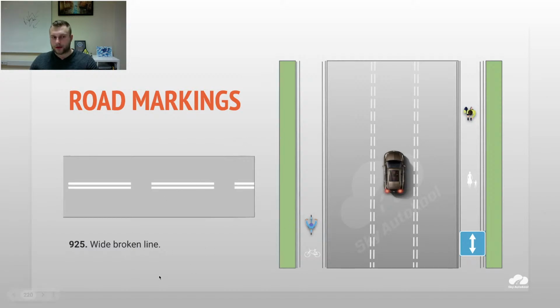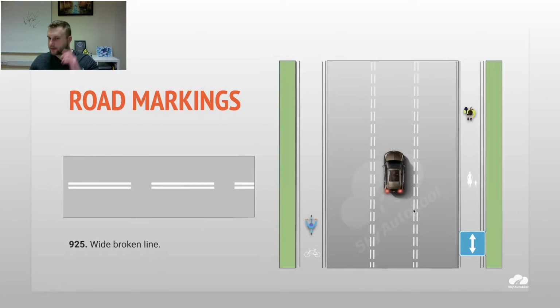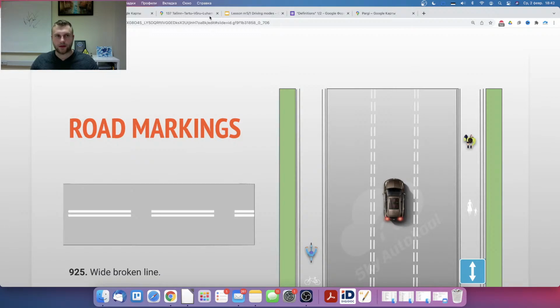Here, double wide broken line. This is the only place we have this marking, on Gonsiori Street. Maybe you know it's in the city center. And they show you the variable direction of traffic. Maybe it's better to show you an example, I guess.